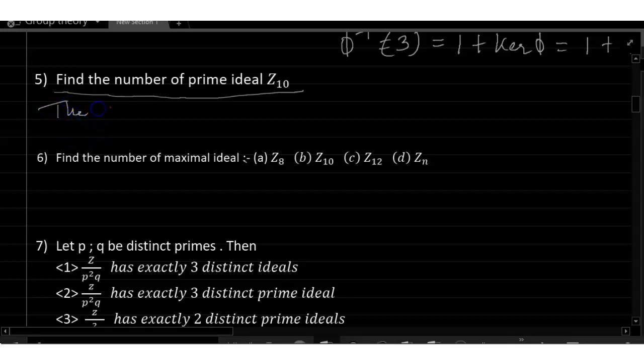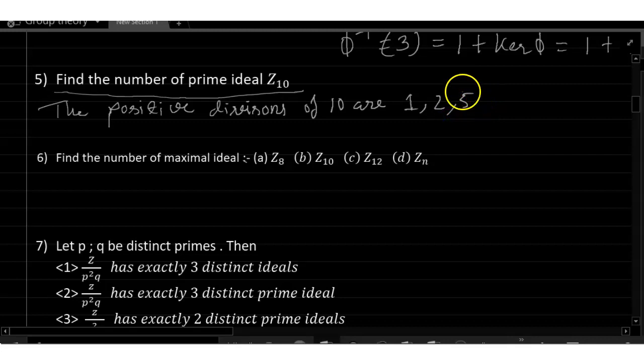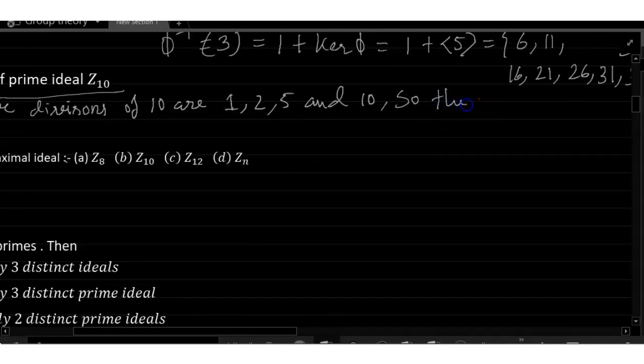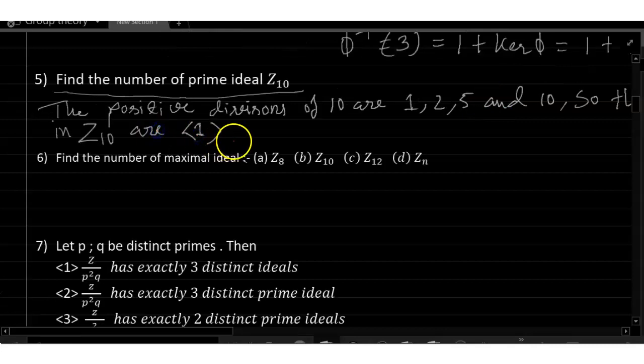Next, find the number of prime ideals of Z10. The positive divisors of 10 are 1, 2, 5 and 10.